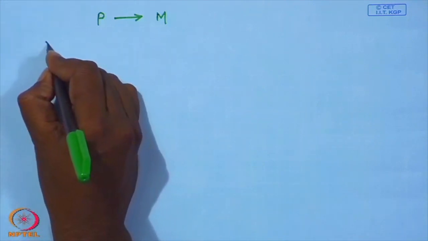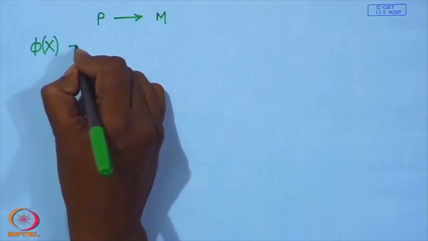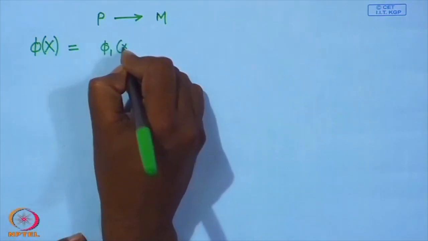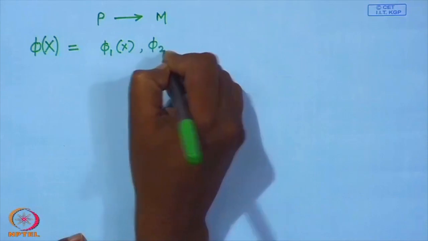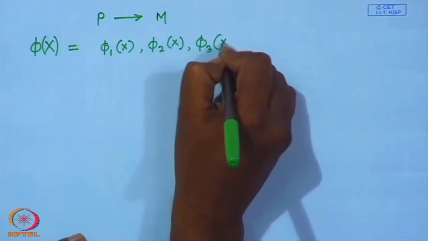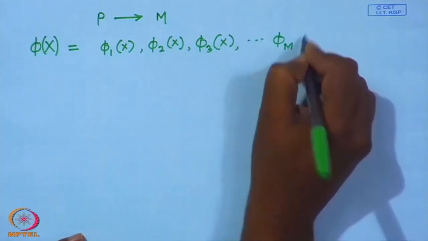Okay. So, how is it to be done? A given feature vector x is subjected to a function phi. So, phi of x is of the form phi 1 x, phi 2 x, phi 3 x up to phi m x.